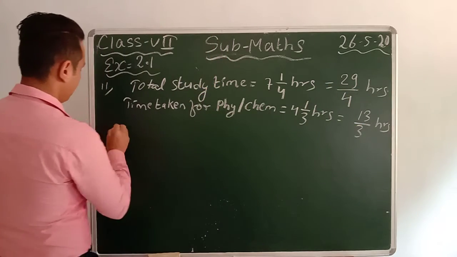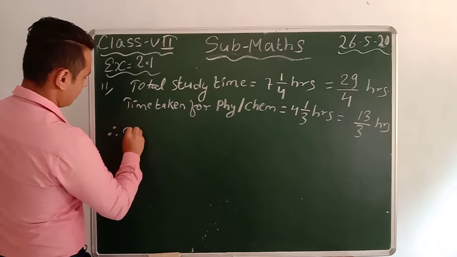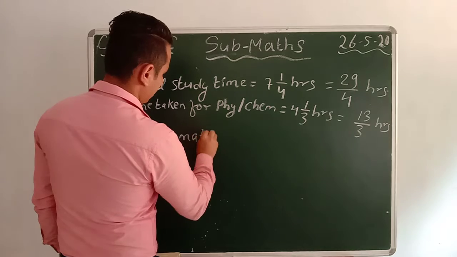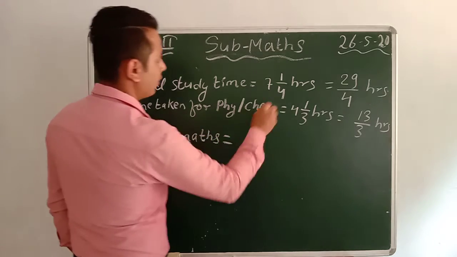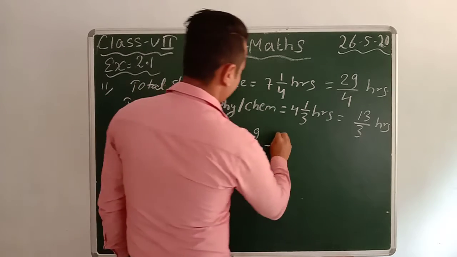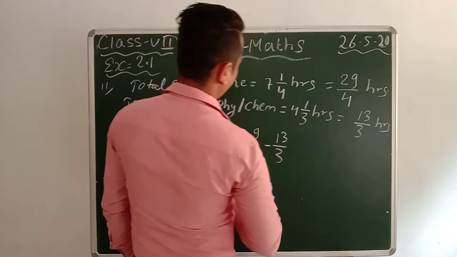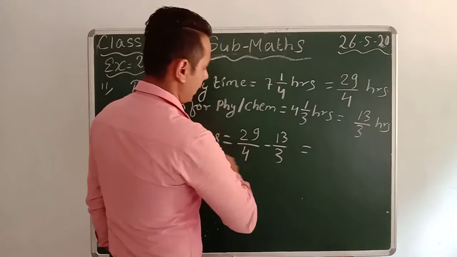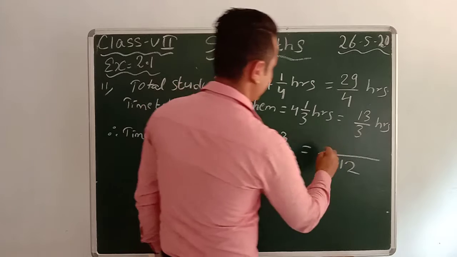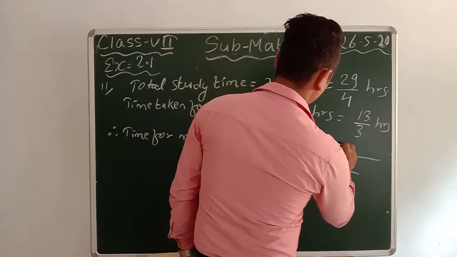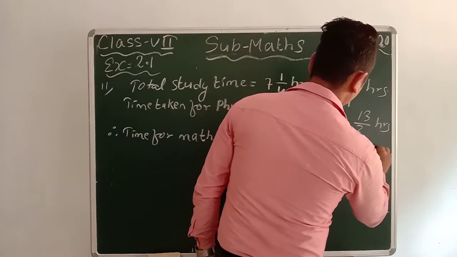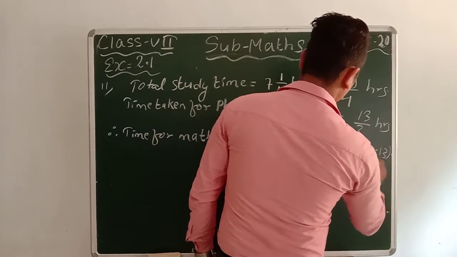So therefore, time for maths is given by 29 by 4 minus 13 by 3. The LCM of 4 and 3 is 12. 4 3s are 12, so 3 into 29, minus 3 4s are 12, 4 into 13.